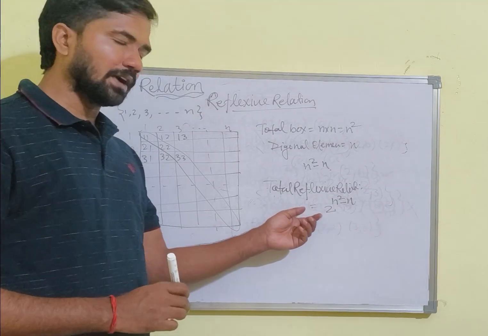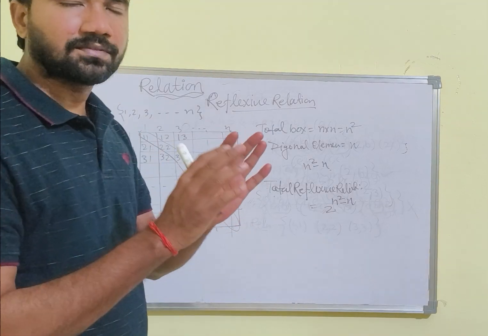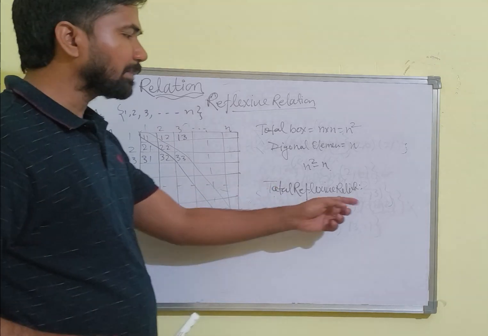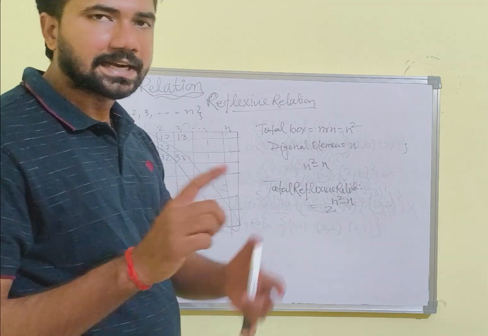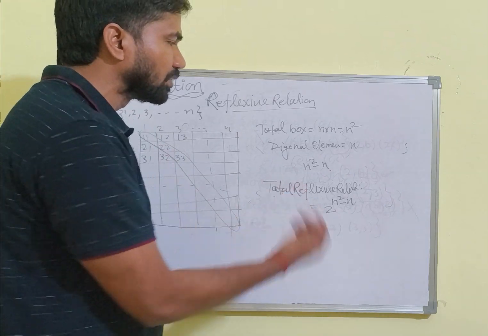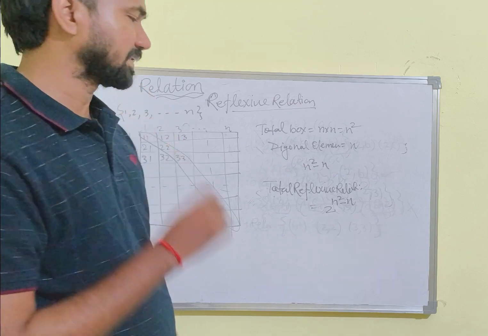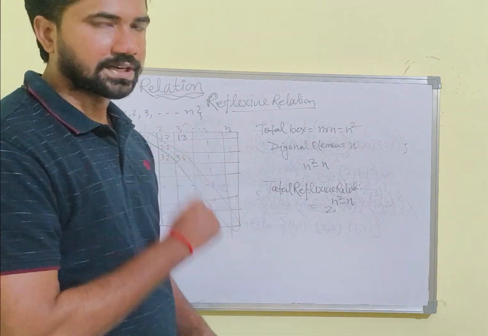This is the total number of reflexive relations, because these n elements we have to take, there is no other option, so one way we can take, and the remaining n square minus n elements are left. For each element we have two options: we can take it or we cannot. So for n square minus n elements, it is 2 power n square minus n. So this is the formula for the total number of reflexive relations.